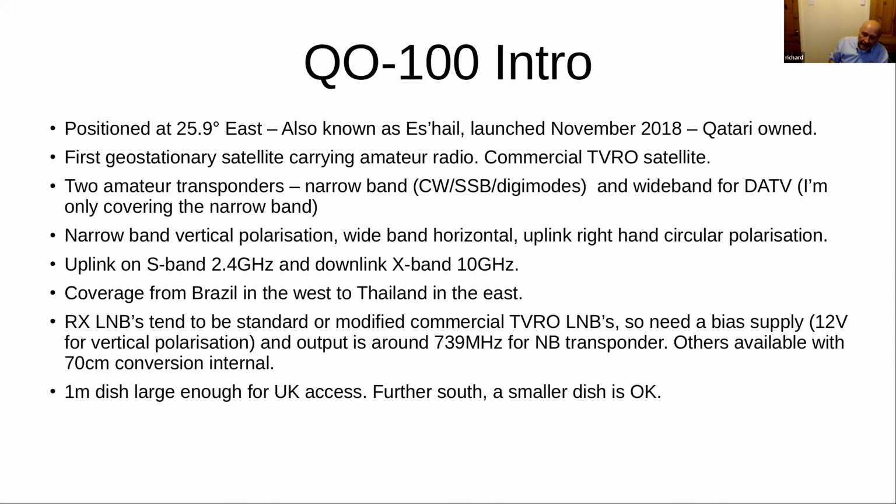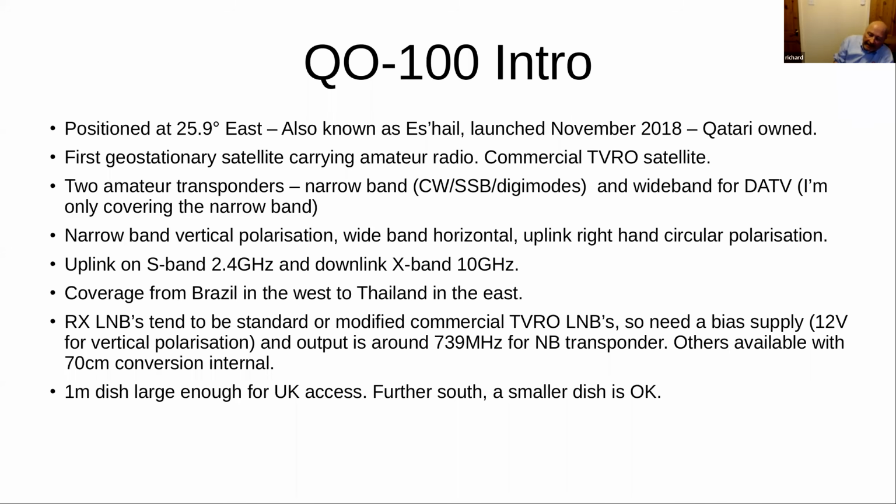So narrowband is vertical, wideband is horizontal, and both are right-hand circular polarization. So instead of using either vertical or horizontal for the uplink, you actually use circular. Uplink is 2.4 gigahertz, and then downlink is on 10 gigahertz.